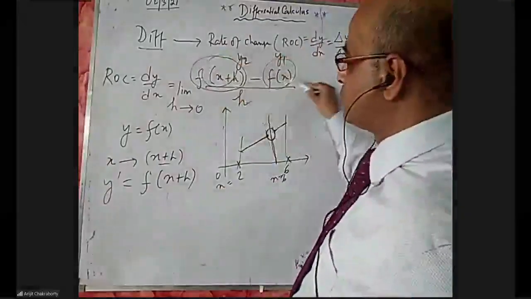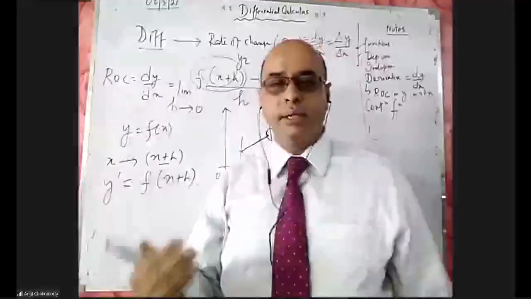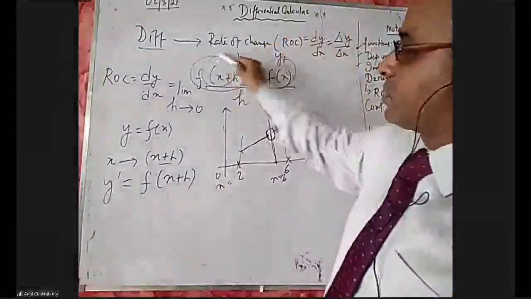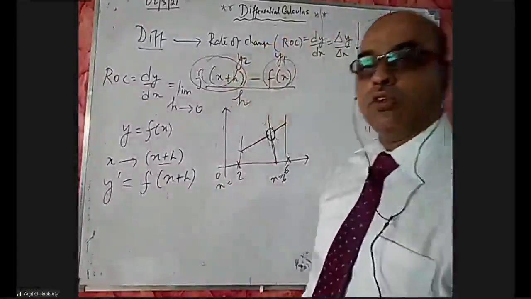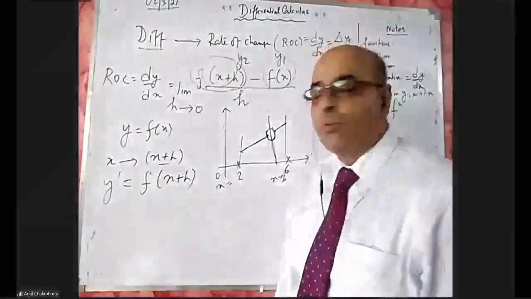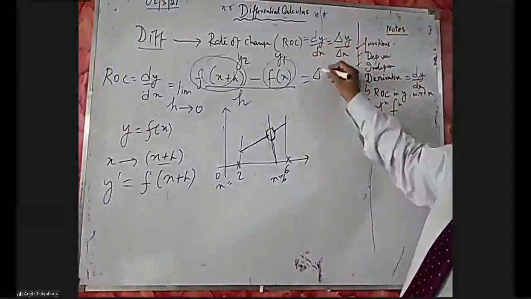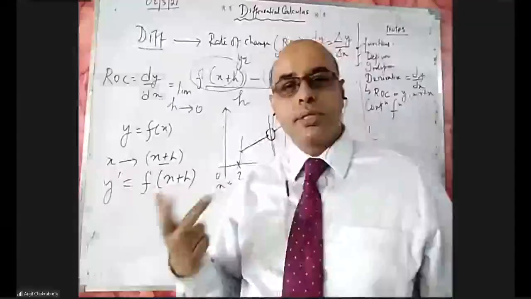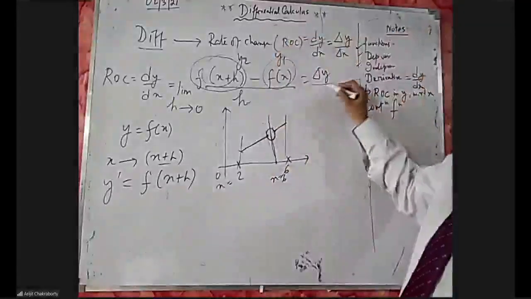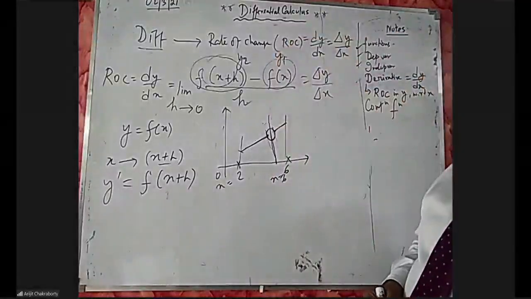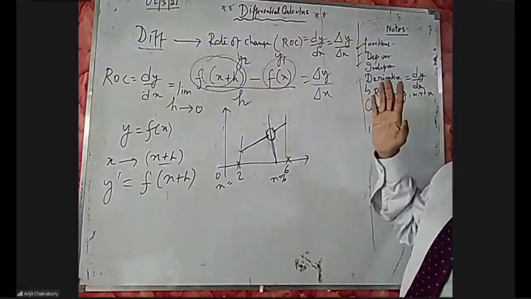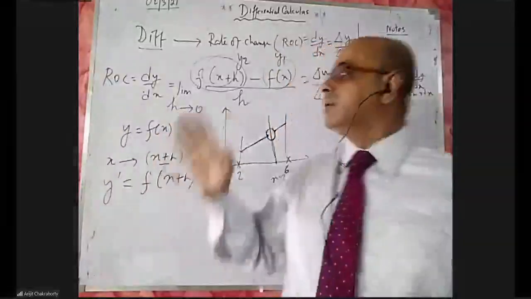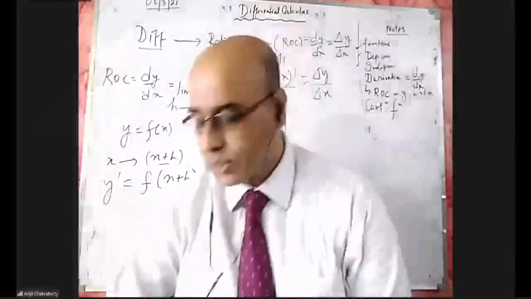If you see this numerator, it deals with nothing but the change in y, delta y. What is h? h is the change in x, so it is basically delta x, right? So this is how we write the derivative of any function y equal to f(x).